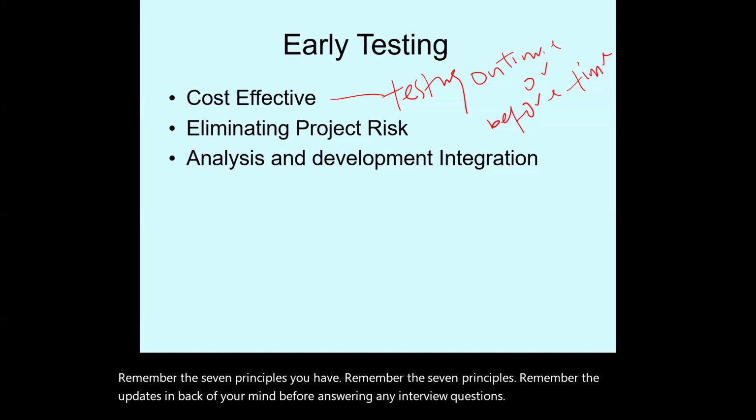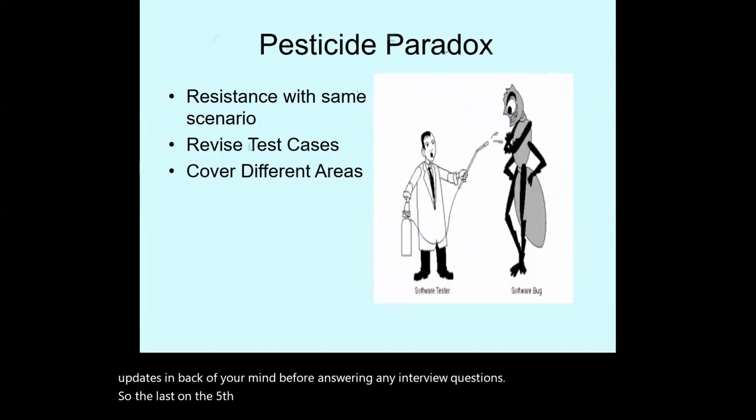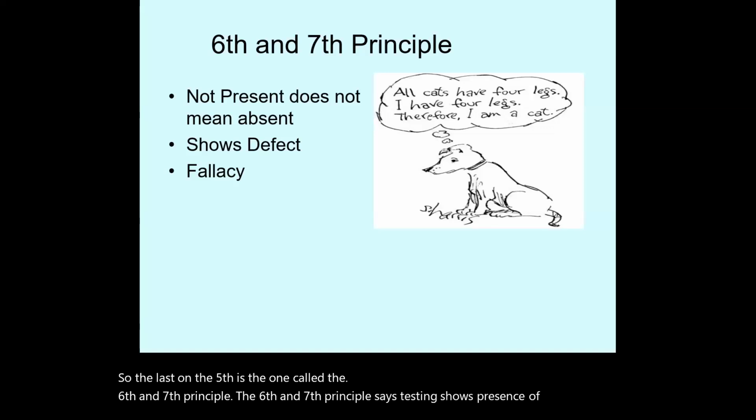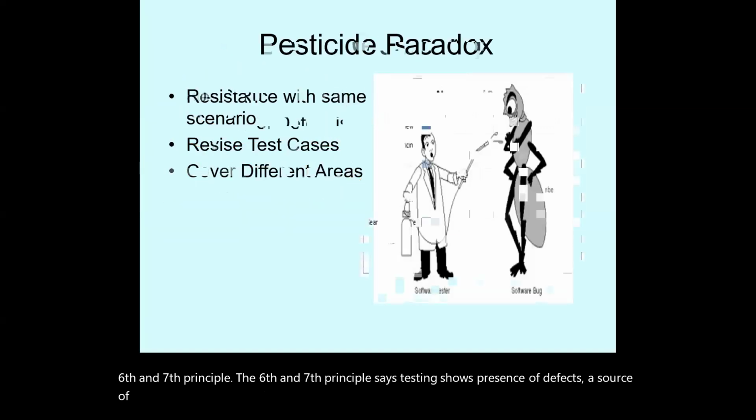So the last one, not the 5th, is the one we call the 6th and 7th principle. The 6th and 7th principle says testing shows presence of defects, absence of error is fallacy.